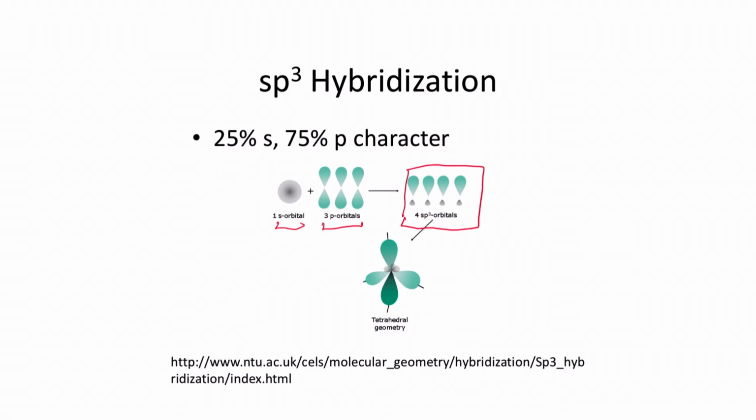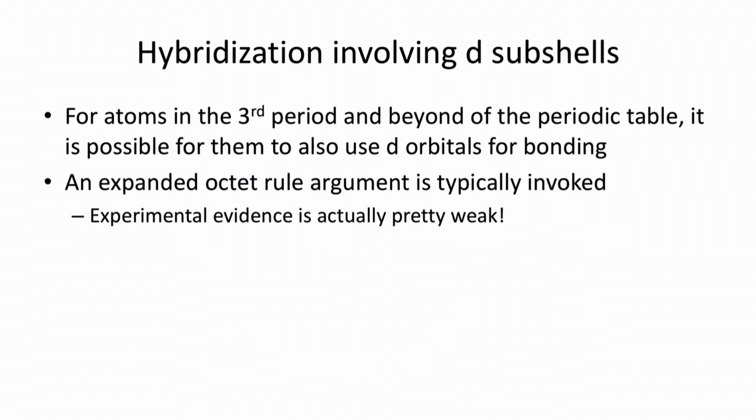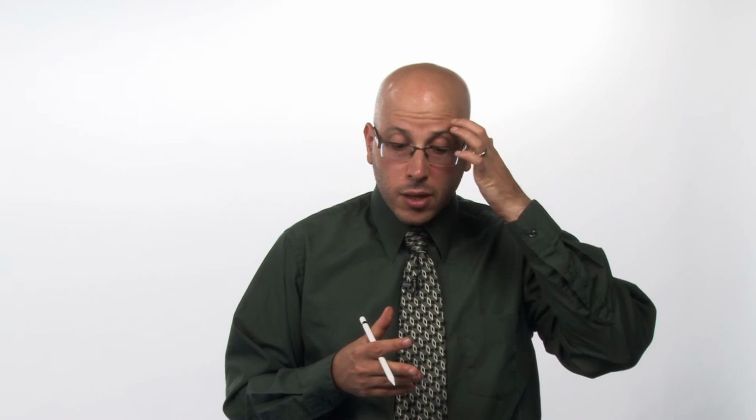Each of these is going to be 1/4 s and 3/4 p. As far as character goes, that's how they are. Since I have to arrange these 4 things to be equidistant in space, this is going to have to adopt a tetrahedral geometry.